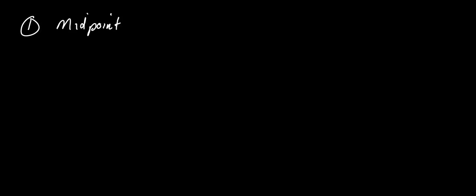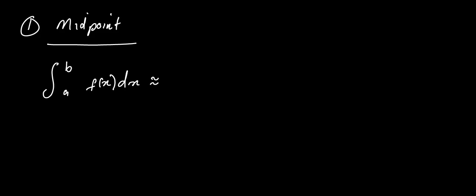We have certain notations that you have to learn. Let's say we have the integral from a to b, these are the two limits, and we are trying to integrate this. We say the area under the curve between these two points is approximately the summation of the function at all the midpoints.